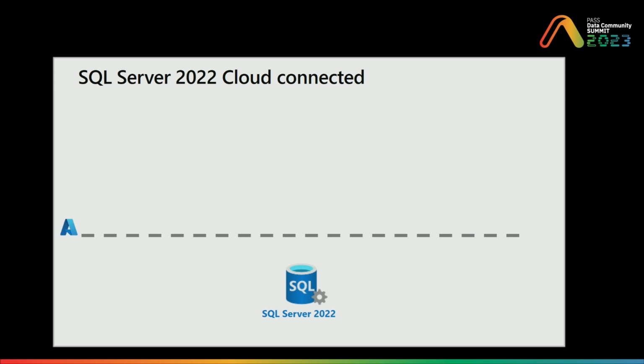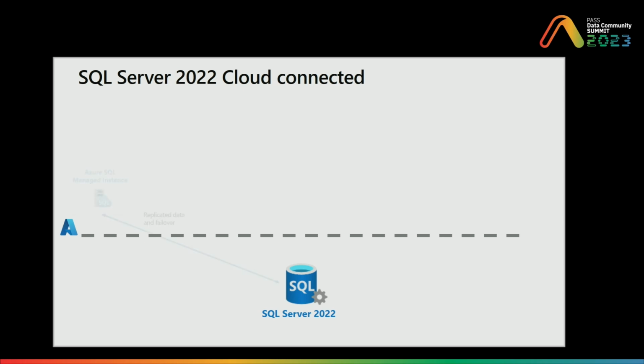Plus, it also requires an upgrade. So if you don't want to upgrade, that creates a problem for you, right? So we thought, what are some of the key scenarios where customers can benefit from the innovation in the cloud on the current version they are on? That's the history behind the introduction of this cloud connected.